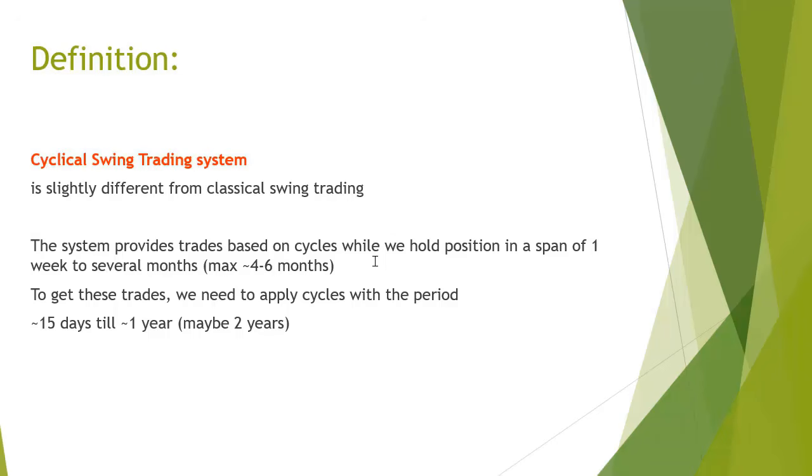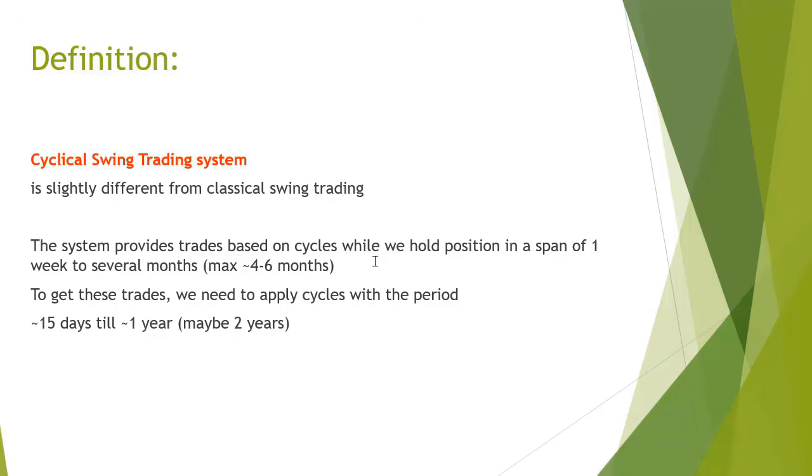While in technical analysis, the maximum holding position is between 1 month and 2 months. So in Timing Solution, the swing trading system is a kind of mix between the classical technical analysis swing system and more of an investing system with a bigger forecast horizon, up to 6 months.